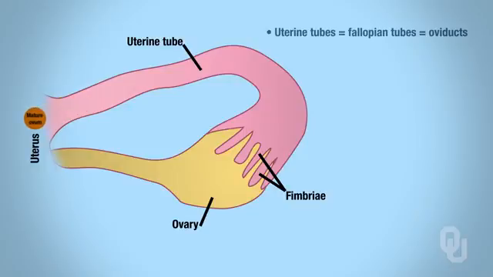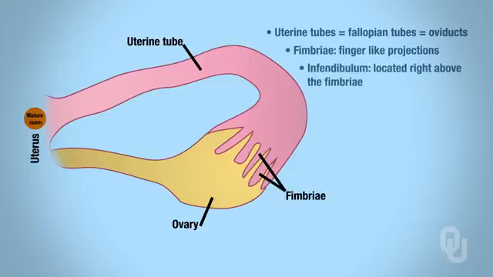Remember, the uterine tube is where fertilization takes place. We need to talk about the infundibulum and the fimbriae. The fimbriae are these finger-like projections. The infundibulum would be located right above the fimbriae, and they help pick up the ovum that's been released from the ovary.